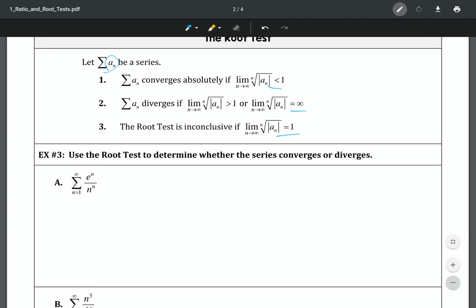So for this one, by the way, this is a of n according to the formula. I'm going to rewrite this as the limit as n goes to infinity of the nth root of the absolute value of e to the n over n to the n.